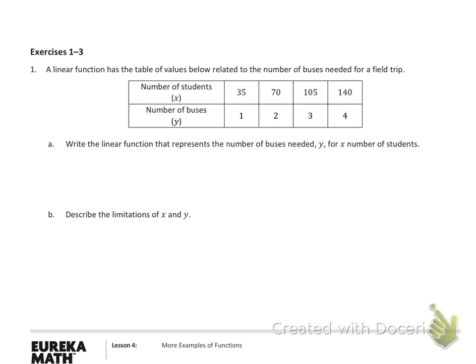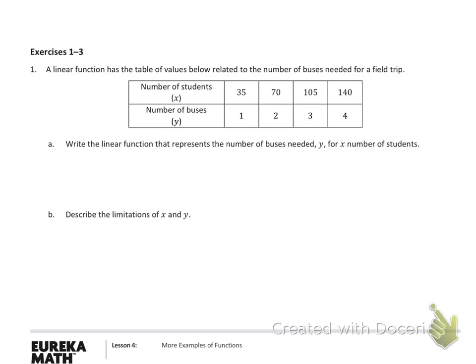So it's a linear function, and it shows how the number of buses is related to the number of students and what they need for a field trip. So the number of students is our input, and then the function is going to tell us how many buses we need. So for 35 students, we need 1 bus. And then if we have 70 students, we need 2 buses, and so on.